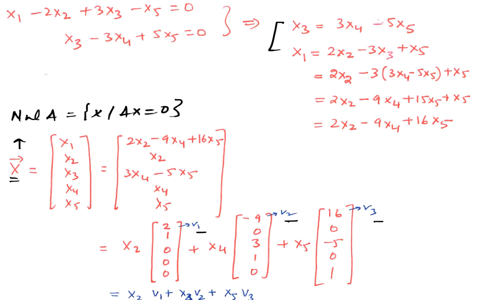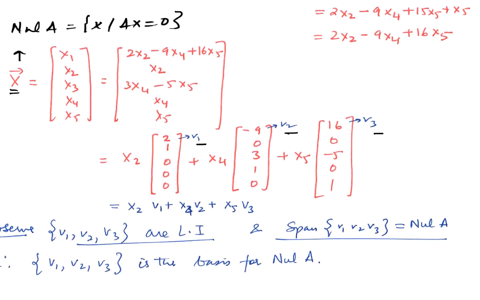So clearly this vector X, which is an element of the null space of A, is now written as a linear combination of X2 V1 plus X4 V4 or V2, doesn't matter, guys. These are just variables, and X5 V3. Now clearly, by the virtue of creation of this, the set V1, V2, V3 is linearly independent.